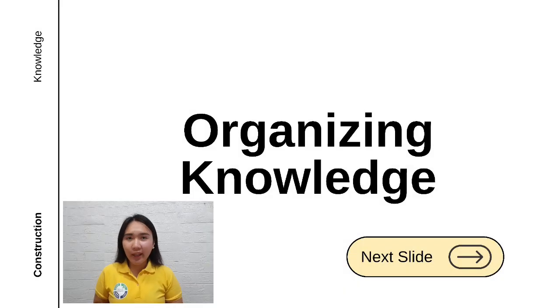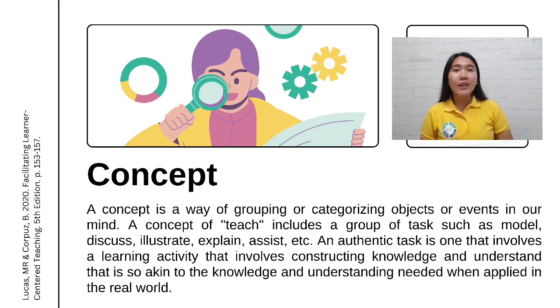So we have our next one, which is organizing knowledge. First, concepts. A concept is a way of grouping or categorizing objects or events in our mind. A concept of teach includes a group of tasks such as model, discuss, illustrate, explain, assist, etc. Concepts help us organize the world around us.